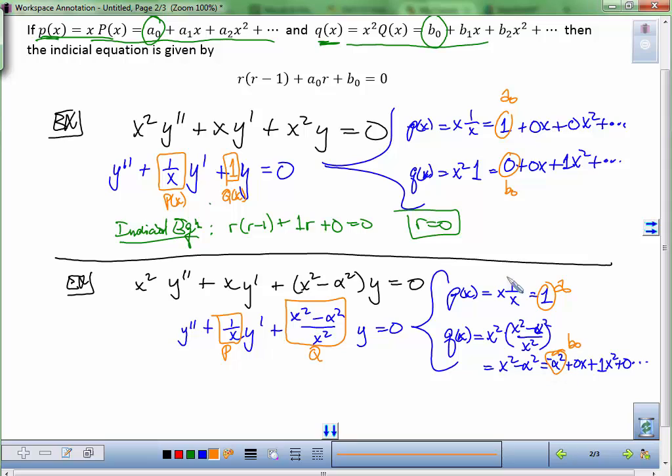No, because when we're finding the indicial equation, we're only concerned about the constant term for that little p and little q. Because this is your little q of x, and I just wrote it so that my constant term was first, my linear term was second, my quadratic term is this, which is 1x squared, and then everything else is not there.